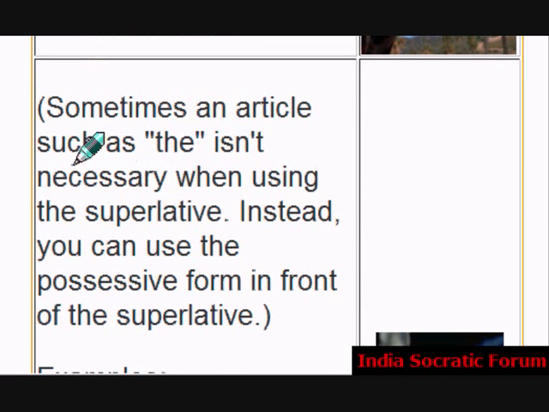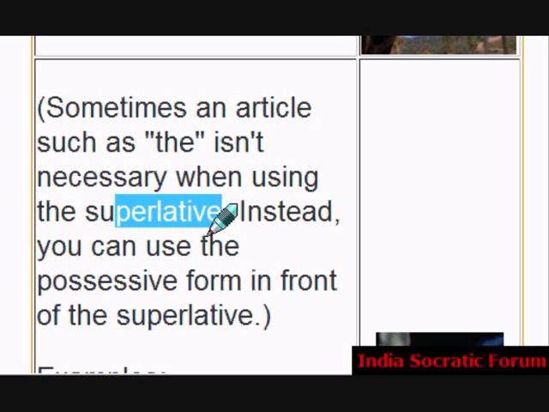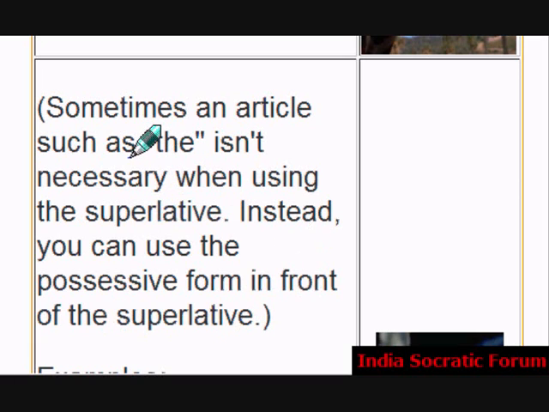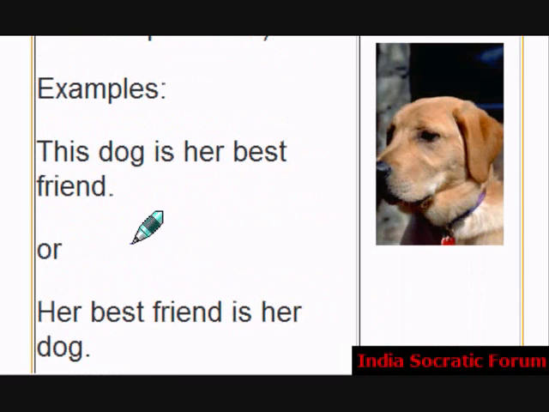Sometimes an article such as the isn't necessary when using the superlative. Instead, you can use the possessive form in front of the superlative. Let's see where the is not needed. Examples. This dog is her best friend.